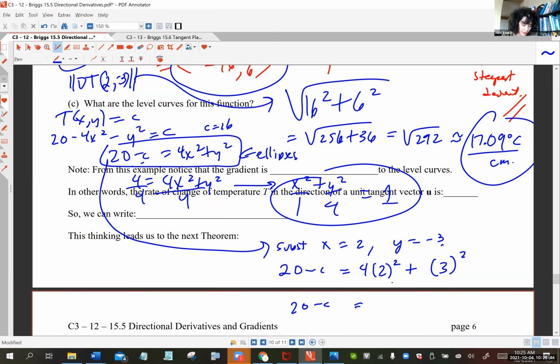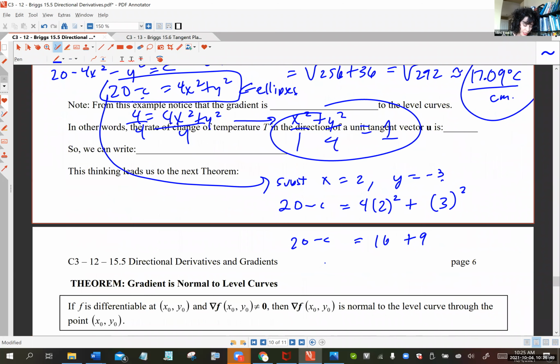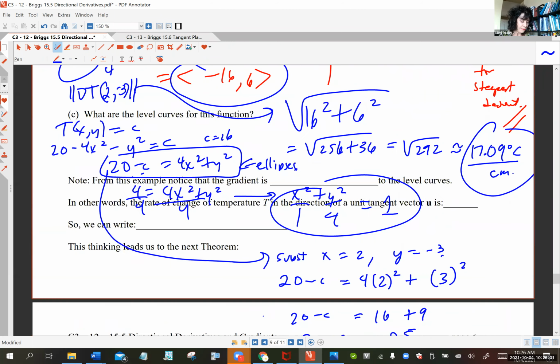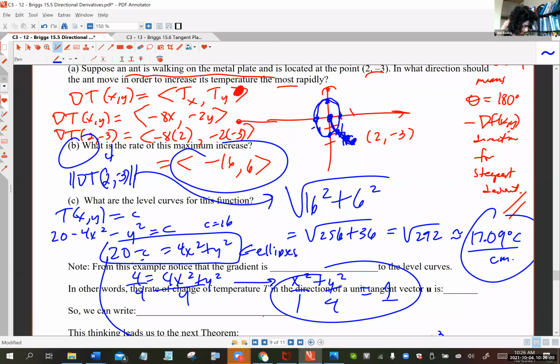Let's see what happens here. 4 times 4, and so on. Okay, so 20 minus c equals 25. If I add c to both sides and subtract 25 from both sides, I get c is negative 5. And that will give you an ellipse. What kind of ellipse? Well, you could graph it. I'm just going to sort of eyeball it. It's going to give you an ellipse looking something like that.